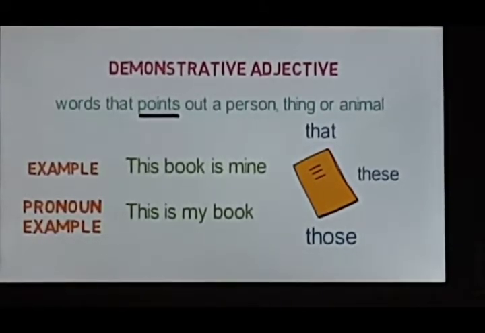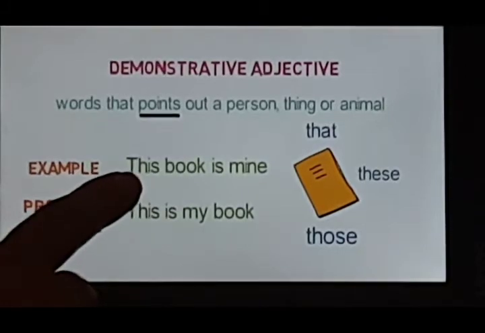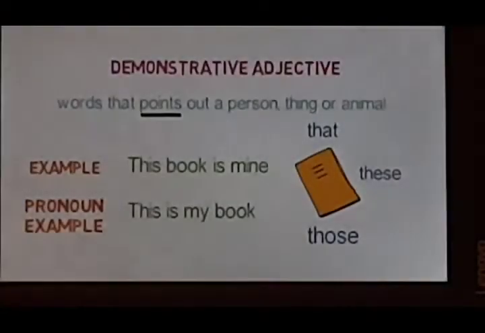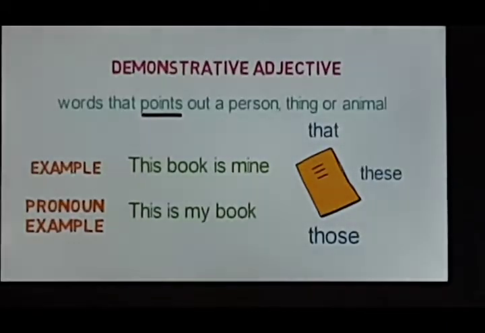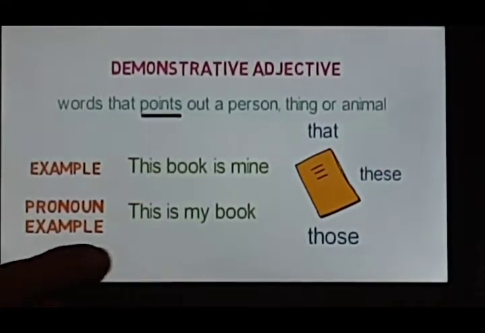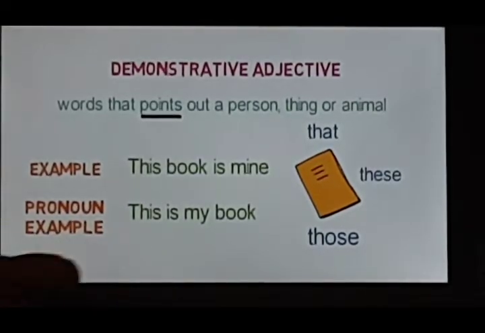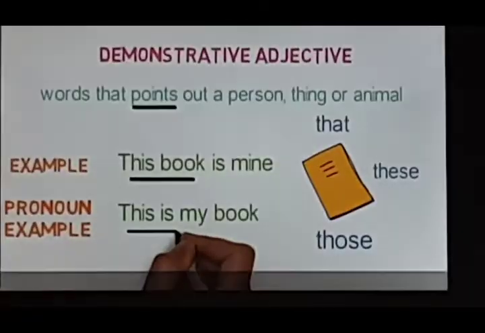If this is used immediately before a noun, that means it can be a demonstrative adjective. But if it is used just before a verb, it can be a demonstrative pronoun.